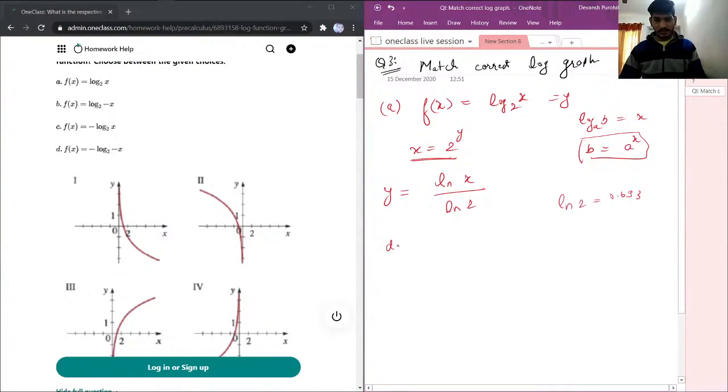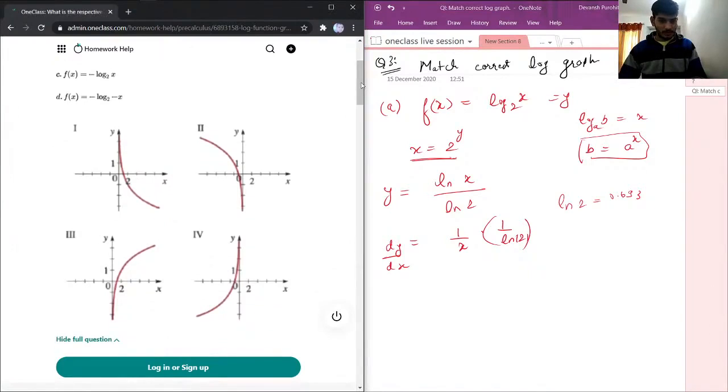I'll just take the derivative to see whether my slope is going to be positive or negative. This will be 1 over x times 1 over ln of 2, because ln of 2 is constant and the derivative of ln of x is 1 over x. So I can clearly see that the slope is going to be positive.